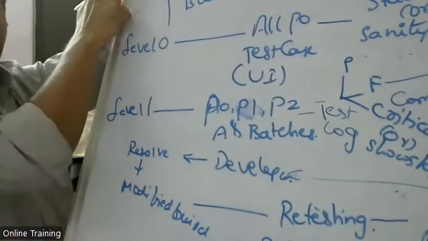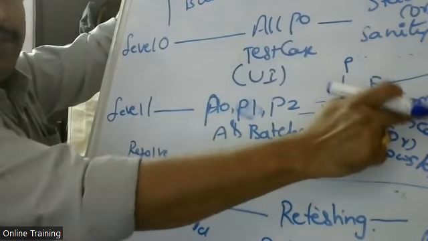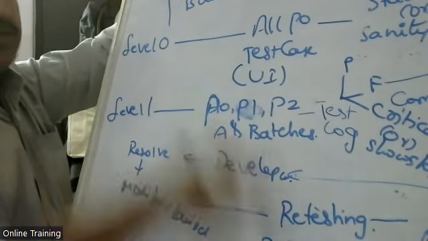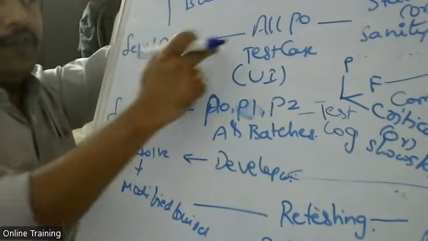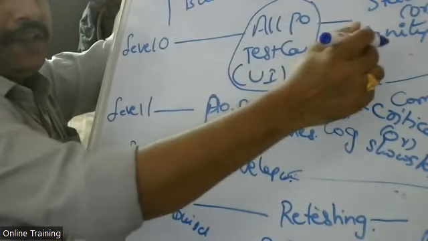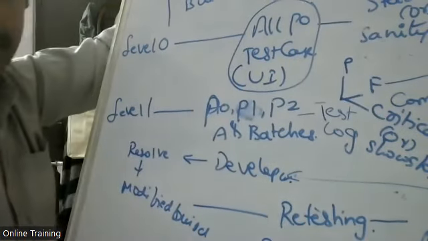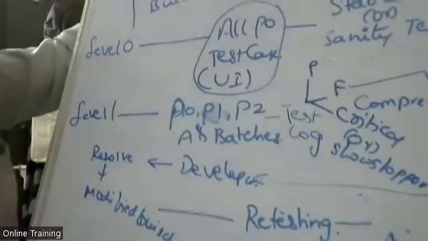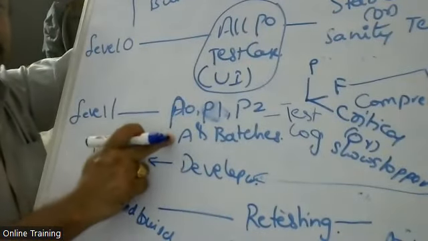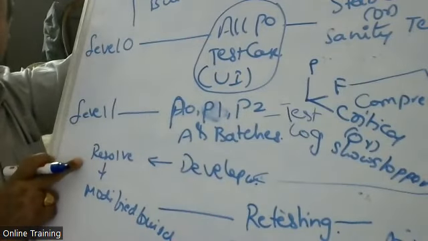So: initial build, stable build, comprehensive build, retesting, regression. In the initial build, if you check all basic functionalities, that becomes a sanity or stable build. Next, in the stable build, if any mismatches arise, we send them to the developer, who resolves them.